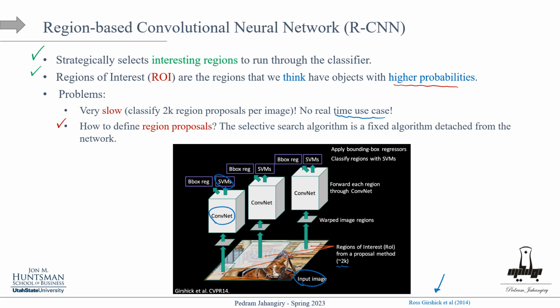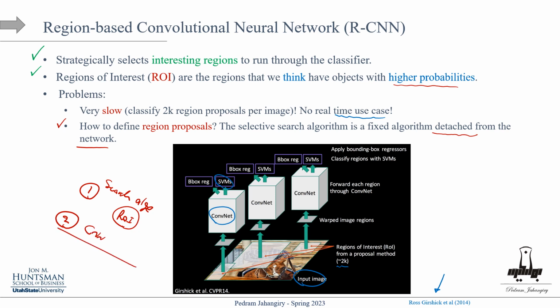But the problem is that they're fixed, they're not learnable during training, and more importantly, they are detached from the network. So we are doing all this computation at two levels. First, we have to figure out what the ROIs are by using another search algorithm, and this search algorithm is fixed. Then, the second step, now that we know the ROIs, is to pass them to the CNN.